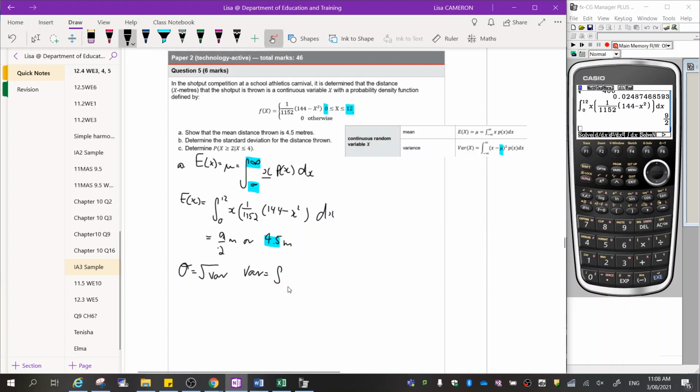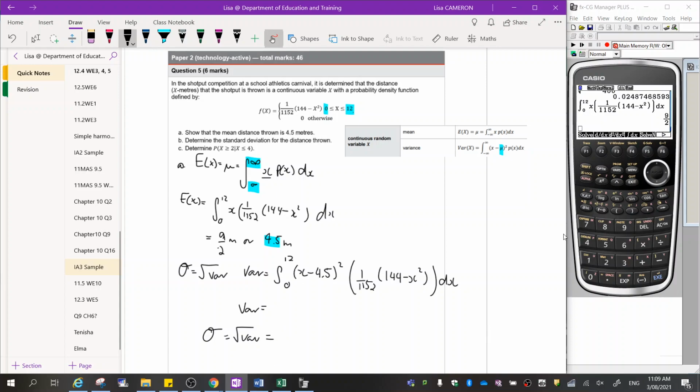We're going to integrate between 0 to 12 for our function, this X minus the mean squared times our original function, with respect to X. Now this is going to give us the variance.